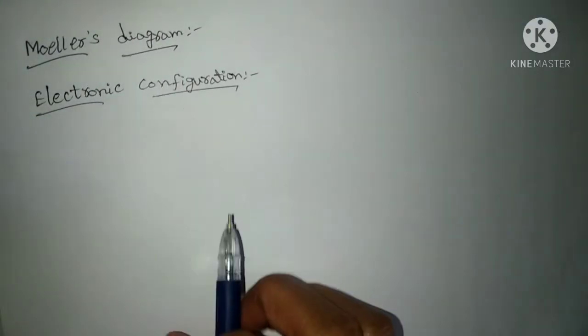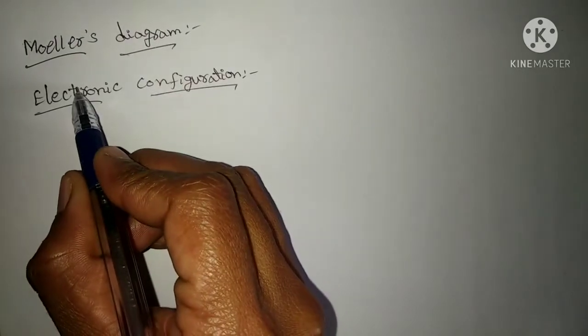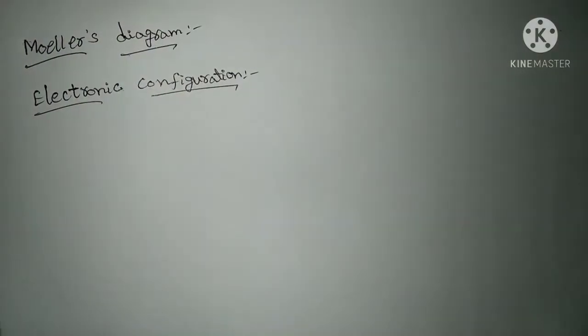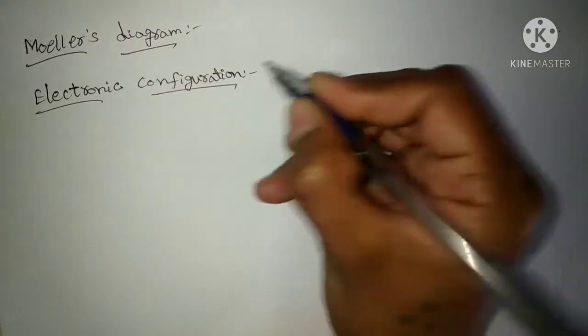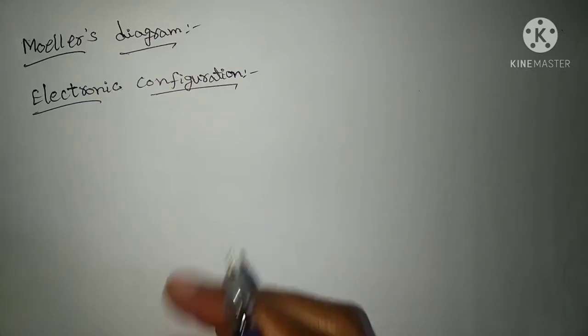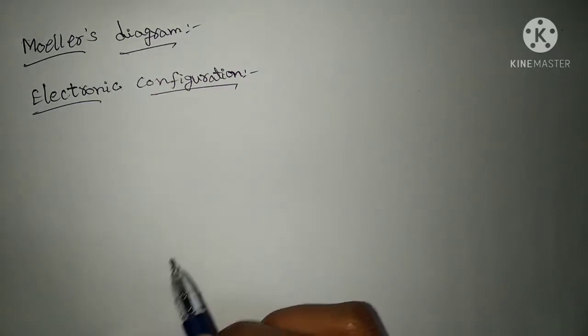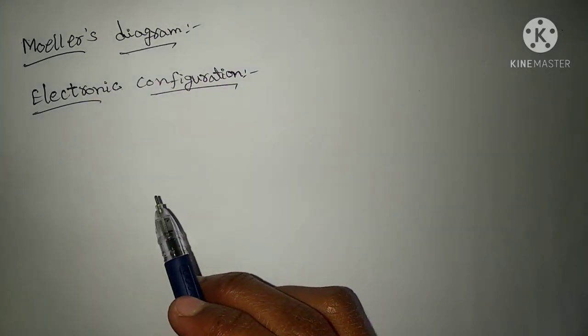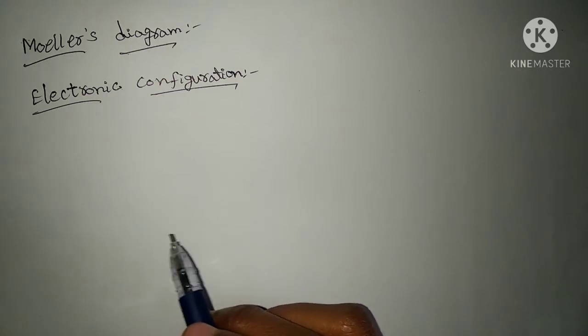Now, what is the electronic configuration? To know this, you have to refer to our previous videos. In those videos, we have already discussed that an atom contains electrons as well as a nucleus. Around the nucleus, electrons revolve in a circular or definite path.